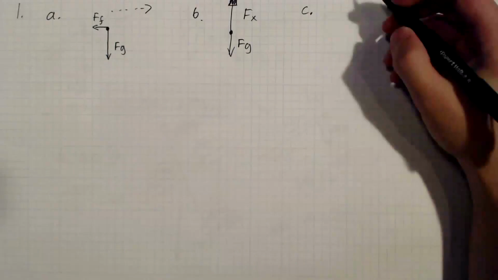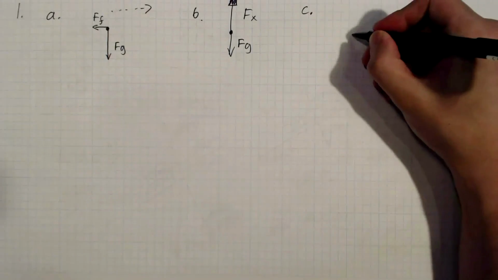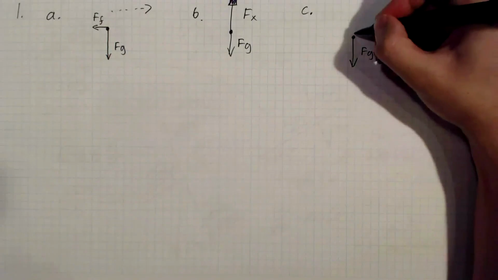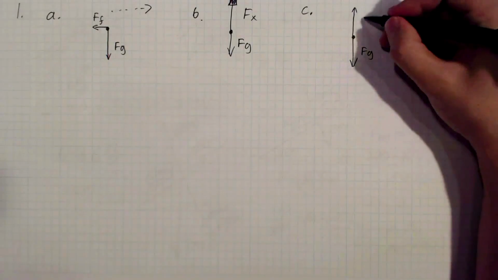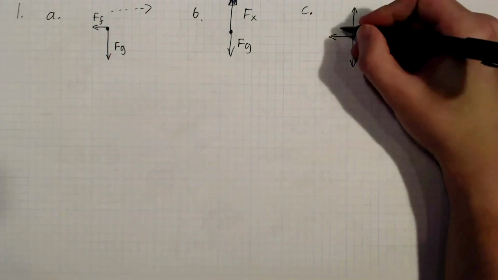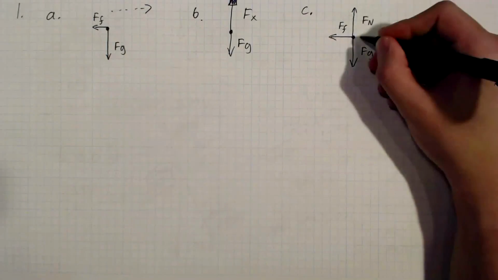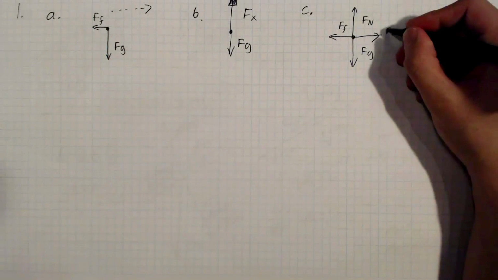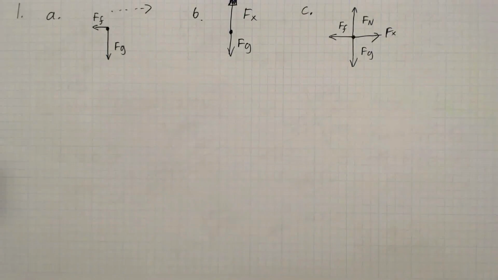Okay, rough is just an indicator word meaning that there's friction. So we have our gravity downwards, an equal and opposite normal vector upwards, and we have our frictional force in the opposite direction of motion, and our applied force, we'll call it F of x, going forward.